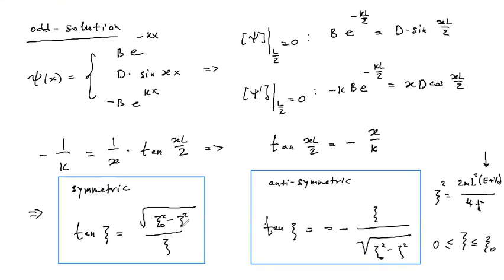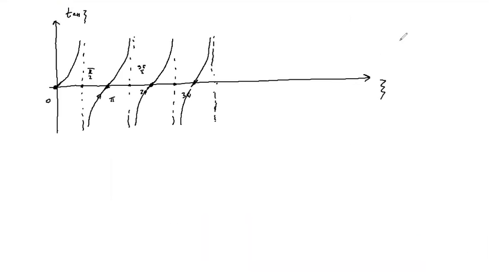Let's look at the symmetric solutions. So a function like this. First of all, this function is going to be 0 around xi naught. So if you have somewhere xi naught, then this function is 0. This function is positive if xi is less than xi naught, but the function doesn't exist if xi is greater than xi naught.